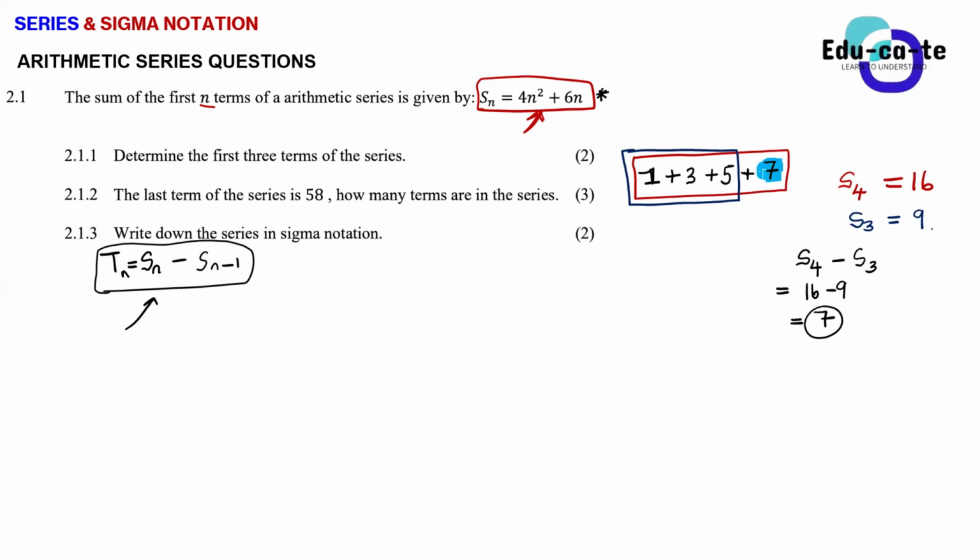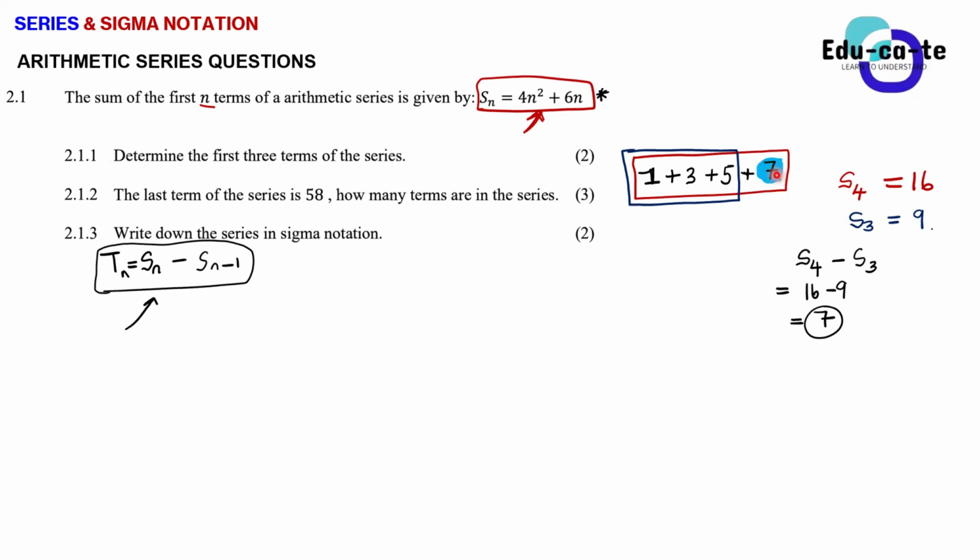Can you agree on that from this series? Can we agree that if we say the sum of these 4 terms minus the sum of the 3 terms, we are going to get this remaining term, which is 7?